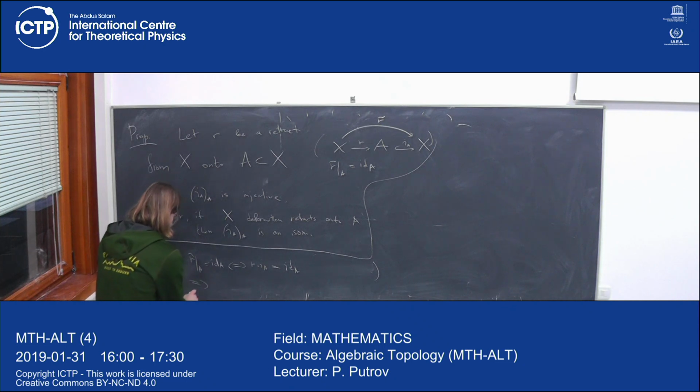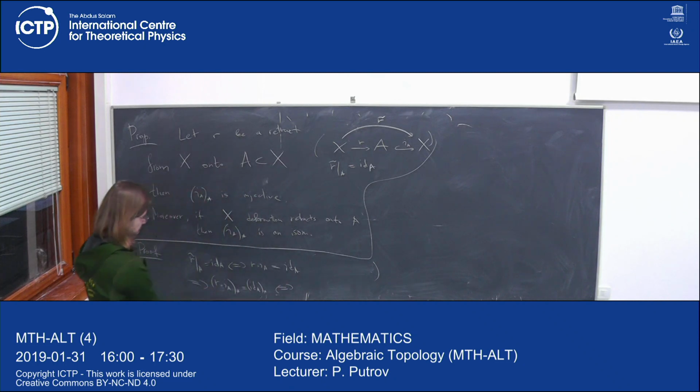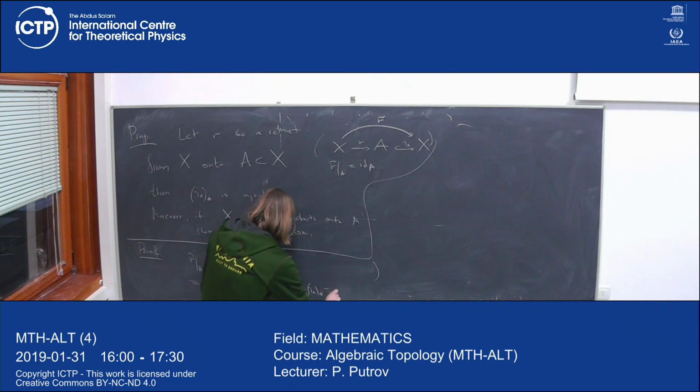Then it follows by the property we showed before that the push forward of this should be the same as the push forward of this. But the push forward of the composition is the composition of push forwards, and the push forward of the identity is the identity.